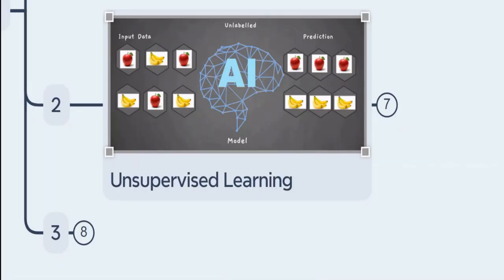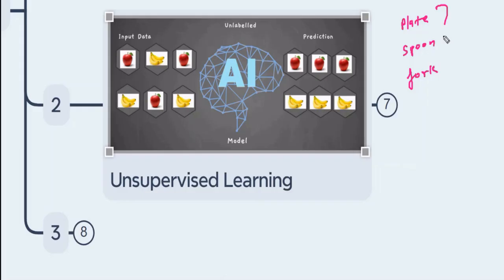Suppose I'm passing some plate images, then spoon images, and then fork images to my model.